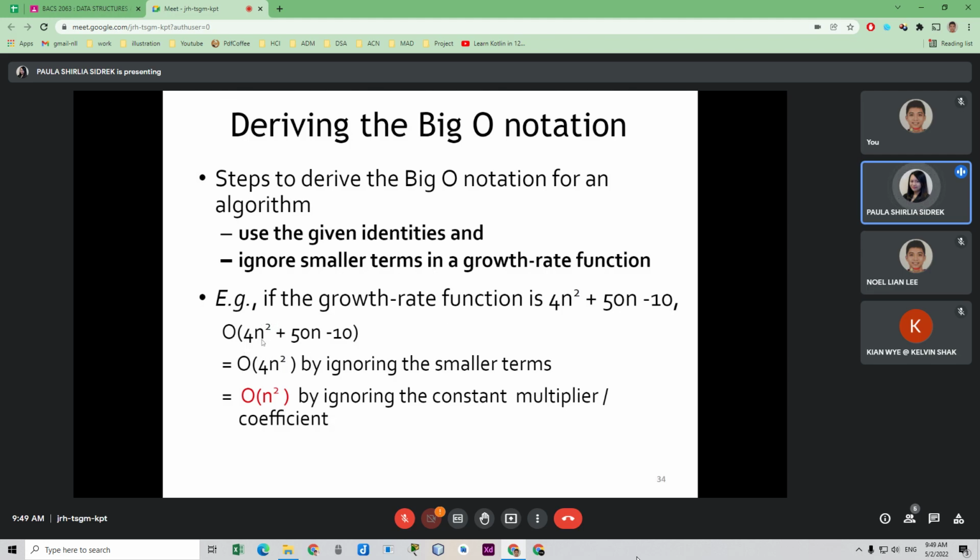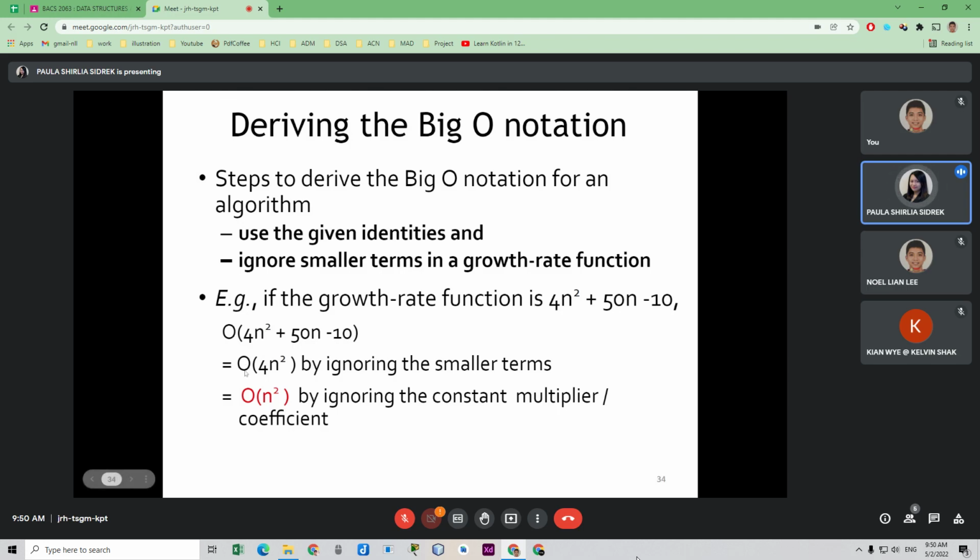Referring to the previous example in the video that we have, 4n squared would be the most dominant term in the growth rate function. So you ignore all these other details and take this value.